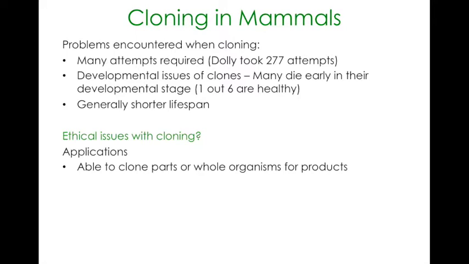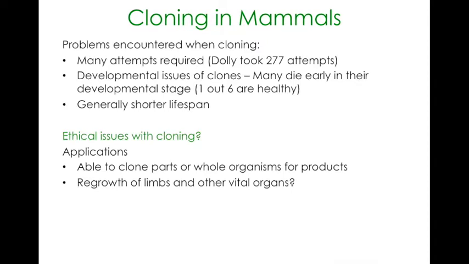The thought process is that if we can do it with sheep, then we can clone parts of people, organs that are important for organ transplants. Rather than relying on organ donors, you can replicate the organ of an individual through a clone and save a person's life. And so these applications open this new door to all these possibilities. But once again, it presents all these ethical questions of, even though we can, should we?